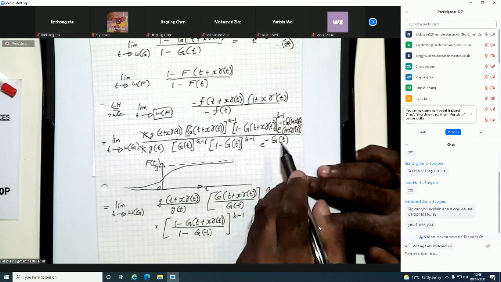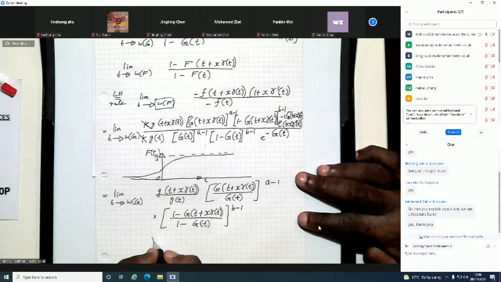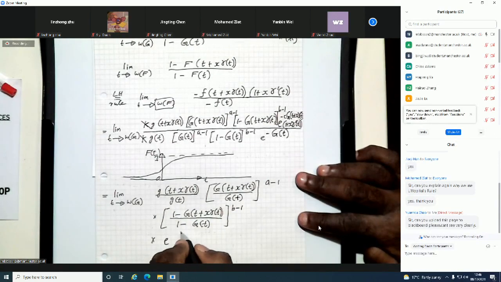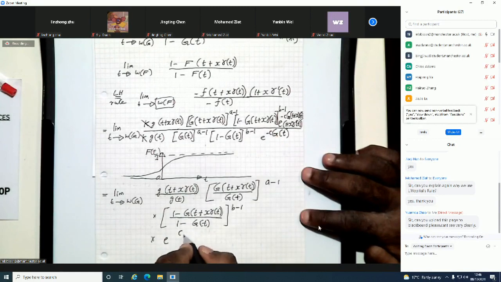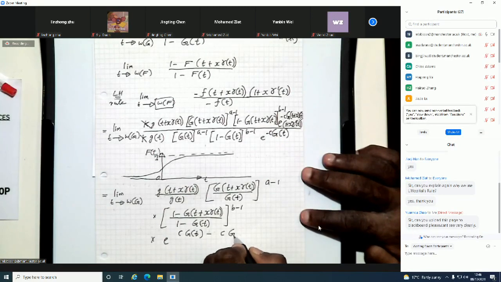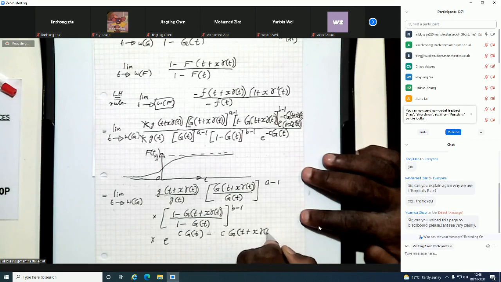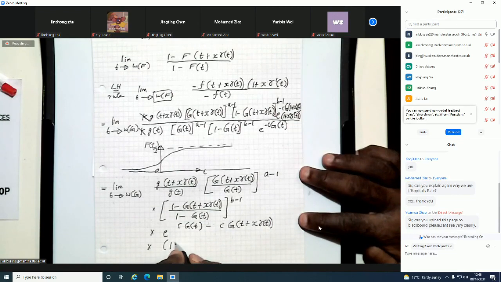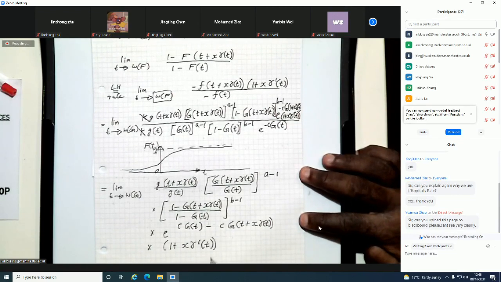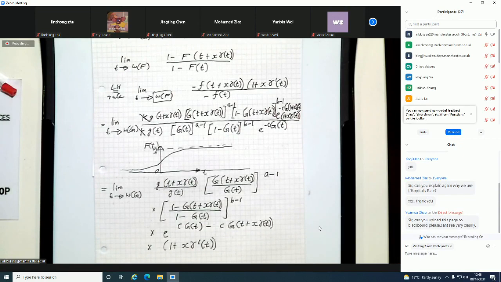If you combine the two exponential terms, you have e of, there should be a c here in the top, e of c g of t, and then finally you have the 1 plus x gamma prime of t. All right? I hope this is clearer than this one.